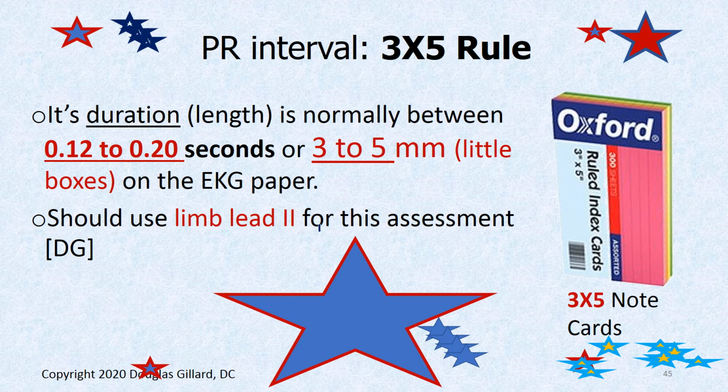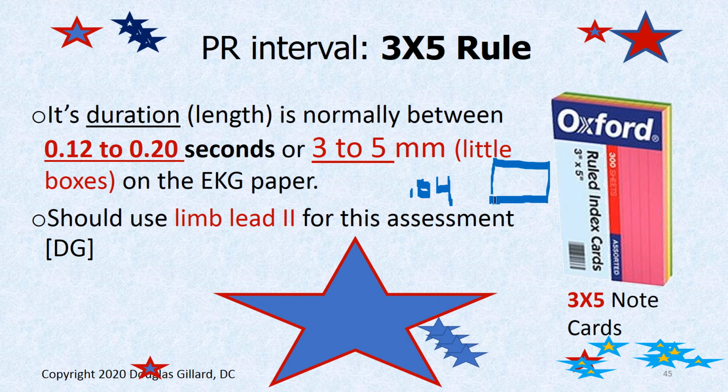So the 3 by 5 rule: the PR interval should fit between 3 and 5 millimeters. We know 1 millimeter is one little box, so it should fit between 3 and 5 little boxes to be normal. If you convert to seconds, remember 0.04 is one little box, the duration across this axis here.